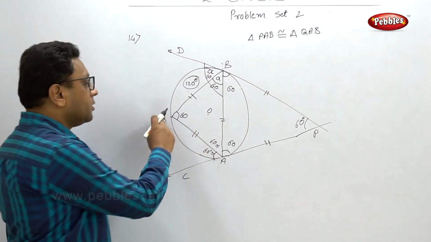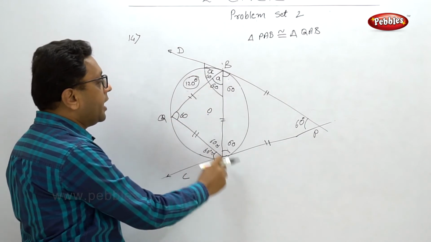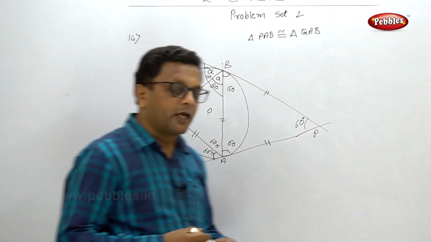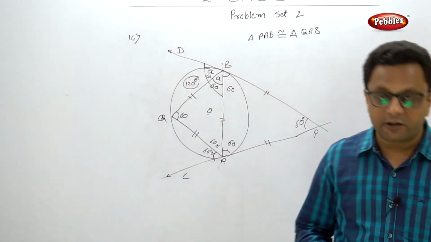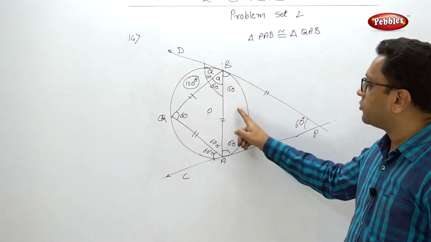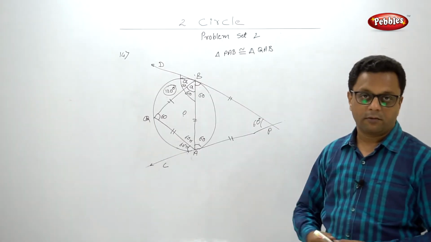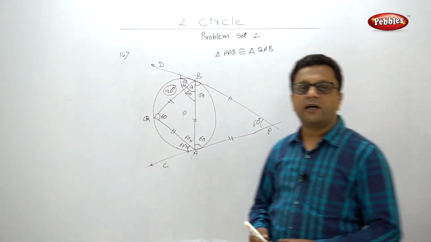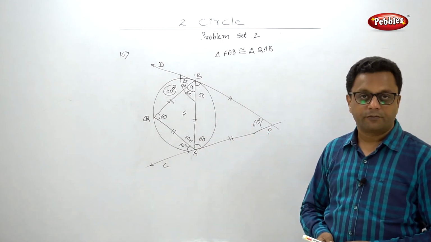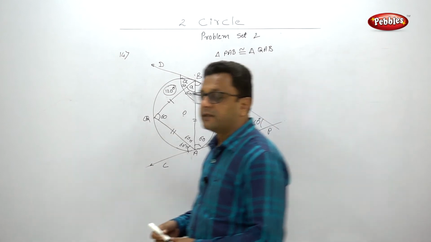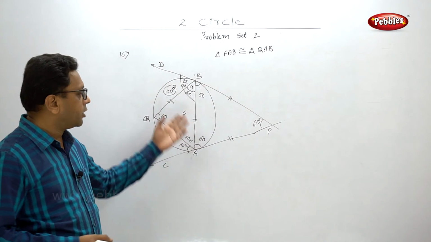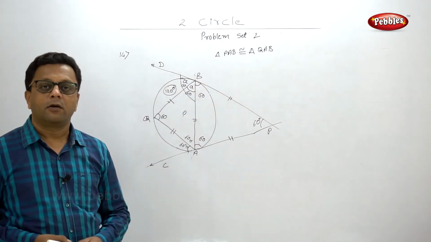And hence triangle BQA and ABP are congruent triangles. First of all, you have to prove that those are equilateral triangles. And then you should say that since in these two equilateral triangles, one side is common, that means all sides are equal, and hence these two triangles are congruent. You can put any test like SSS or AAA, whatever test you want to put, you can put here, and these two triangles are congruent.